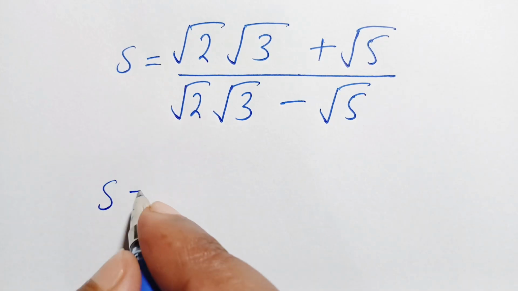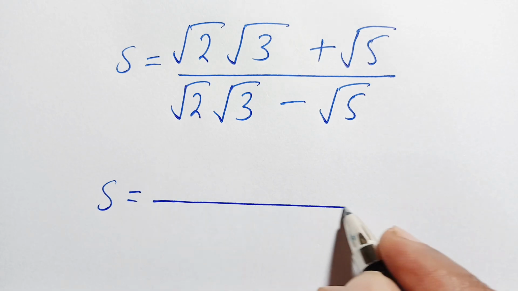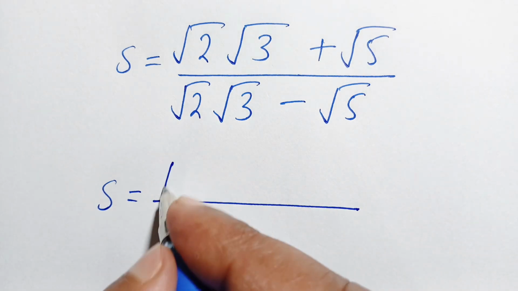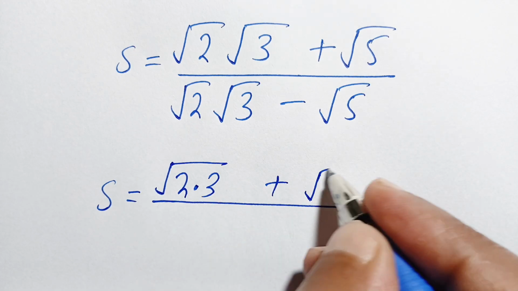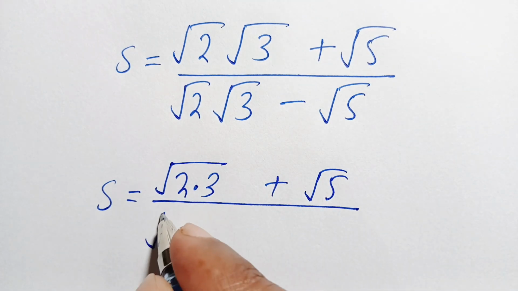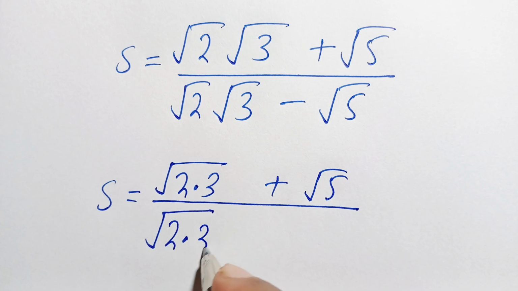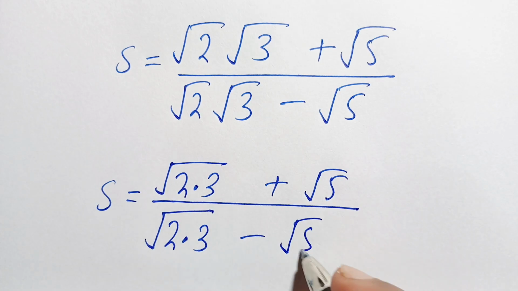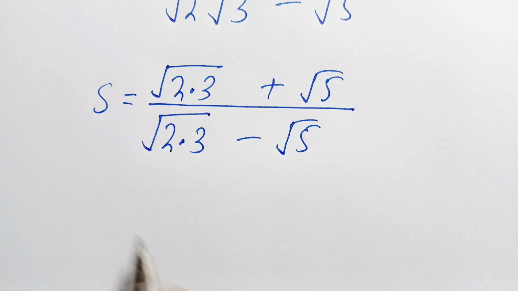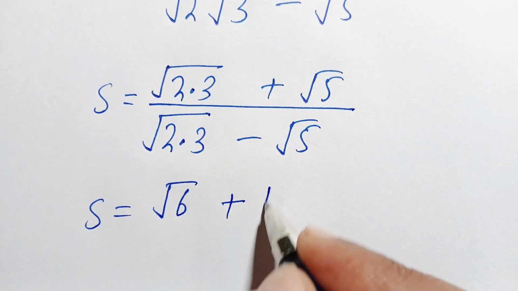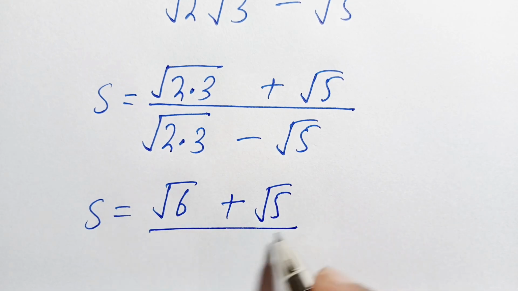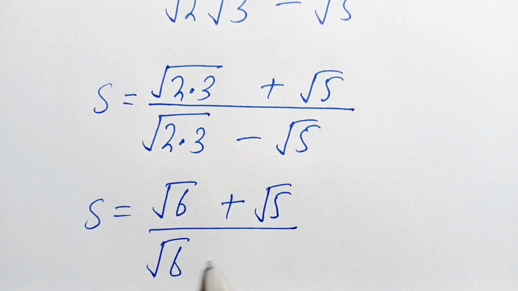S equals, we can write this as square root 2 times 3 plus under root 5, over square root 2 times 3 minus square root 5. Now S is equal to square root 6 plus square root 5 over square root 6 minus under root 5.